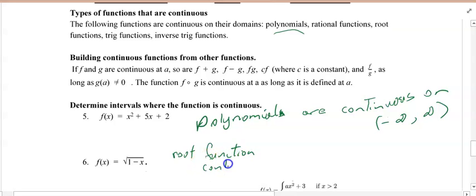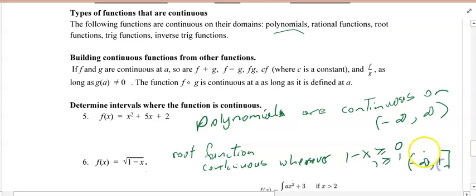It's continuous wherever whatever is under the radical is greater than or equal to 0. So 1 minus x greater than or equal to 0. We'll solve for x. That's where x is less than or equal to 1. So it's continuous on this domain, negative infinity to 1. 1 is included. So your answer is there.